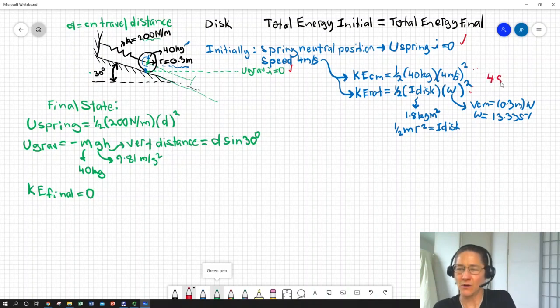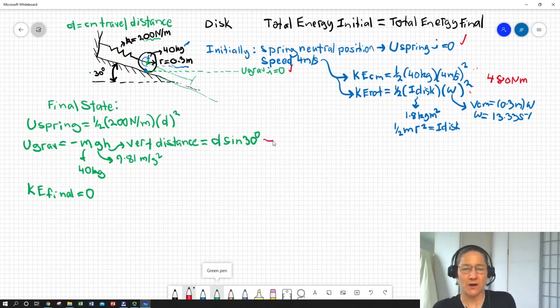I won't work out all the math right here, but their sum ends up being 480 Newton meters, otherwise known as 480 joules. So that's going to be divided into the energy to stretch the spring minus the actual gravitational potential energy that we lose. So the gravity is actually going to add to the energy that we had coming from the spring.